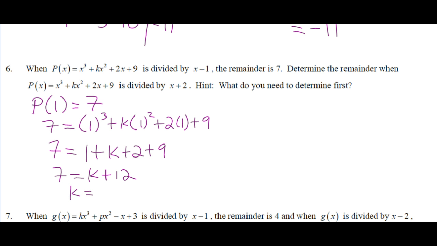What's k? Assuming any of this is correct, it shouldn't be hard. Negative 5. Okay, so we hope k is negative 5.